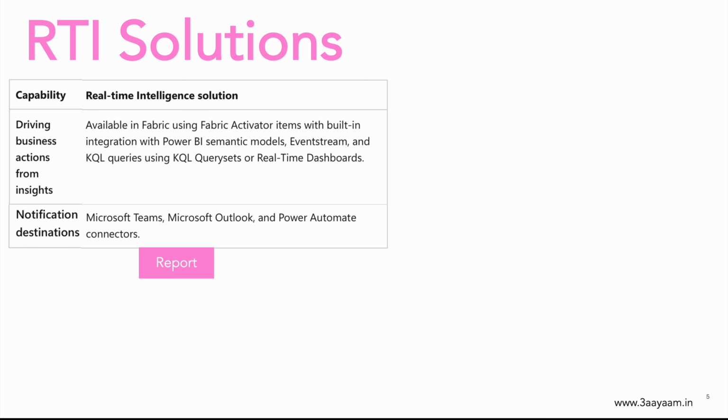What is the purpose of reporting? Typically, organizations use reporting to drive business actions from insights, and the reports provide the insights. And in Fabric real-time intelligence, there are tools like Fabric Activator, Power BI semantic models, Eventstream, KQL databases using KQL querysets, or real-time dashboards. These are the tools and frameworks which are provided by Fabric out of the box to handle real-time reporting.